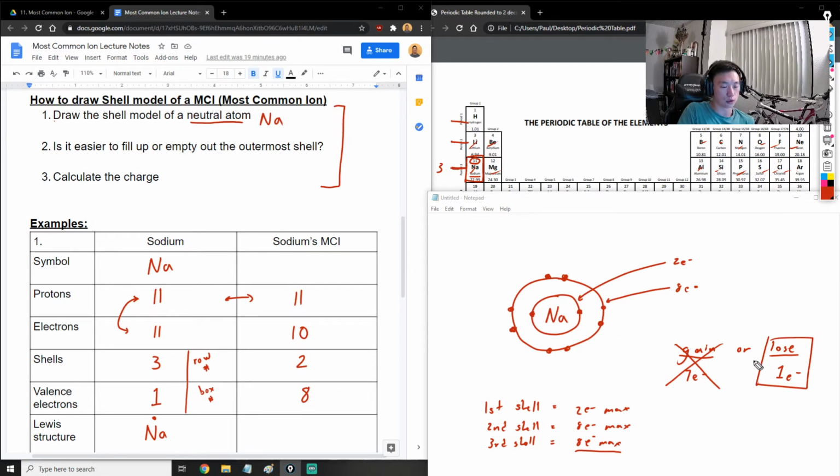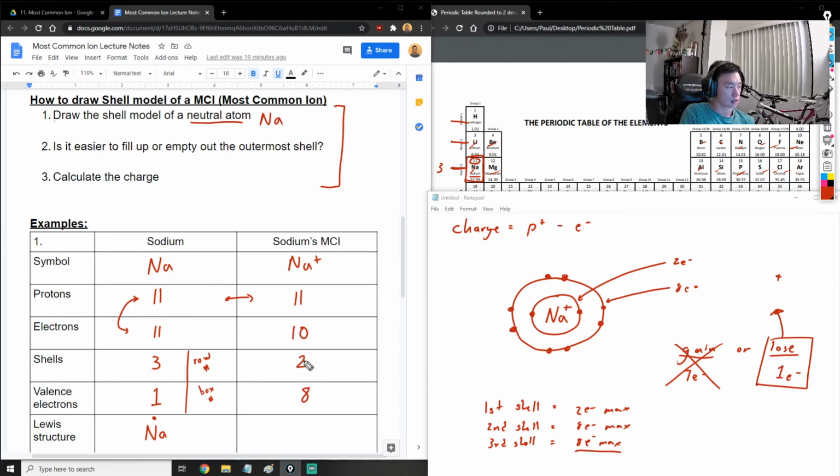Now for the symbol, we just need to figure out what the symbol is going to be if I lose 1 electron. If I lose 1 electron, I lose something that's negative. If I become less negative, I become positive. So the symbol is just going to be Na+. Another way that you could do it is using the formula charge equals protons minus electrons.